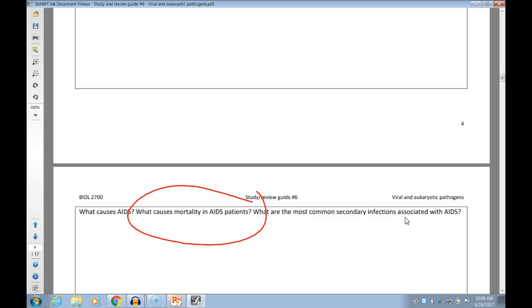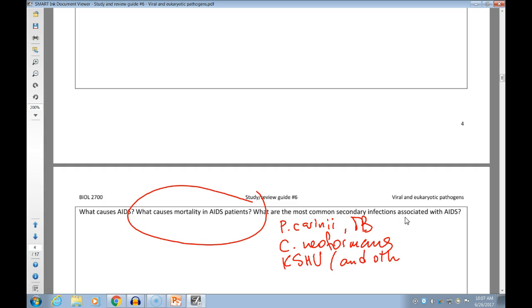So this is gonna be for the lungs. Does anyone remember? Pneumocystis carinii and TB. For the brain, Cryptococcus neoformans. For the skin, Kaposi sarcoma herpes virus. Okay? And other herpes viruses.